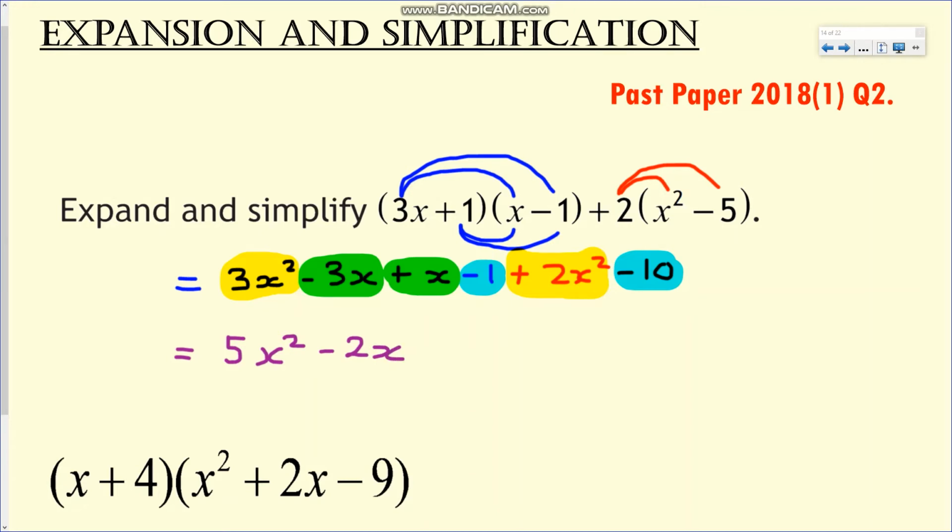So minus 2x's in the middle there. And then our final term, our units term, is going to be minus 1. Take away another 10. So we're at minus 1 and we have to go down the number line 10 places. We're going to end up at minus 11. Alright, so my final answer here is 5x squared minus 2x minus 11.